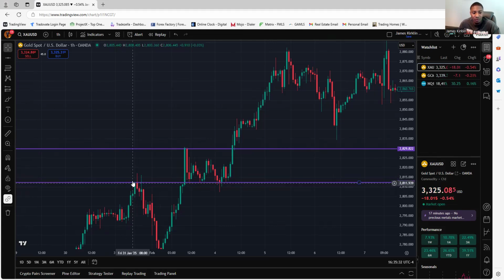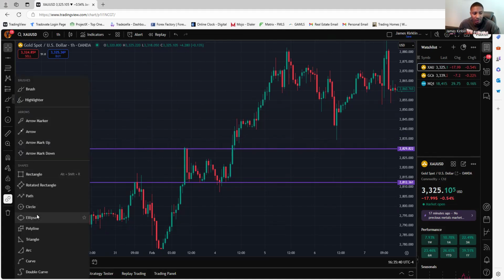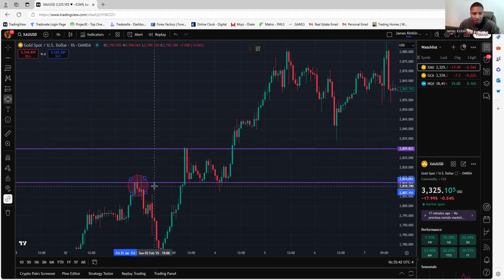Something that is a resistance turned support. So I'll go ahead and make an ellipse by this. This area was formerly a resistance. Price came up. Now it's getting held up supporting this former resistance.